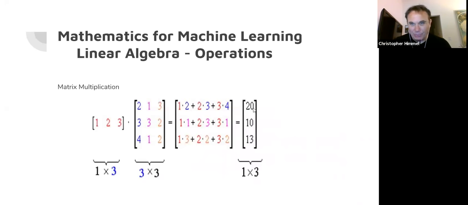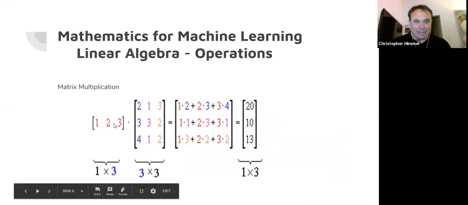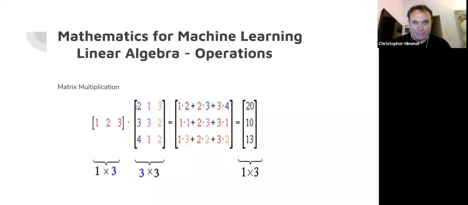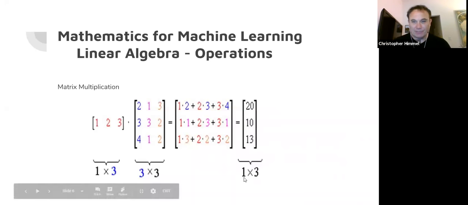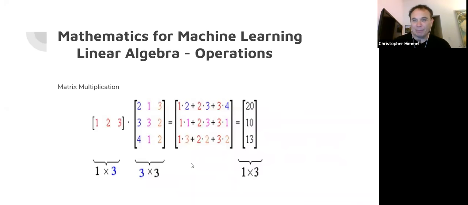Yeah, because it ends up being 20, and then 10, and then 13. Your second column, you take this one, you multiply by this one. So 1 times 1, 2 times 3, and then 3 times 1. You add that all up, you end up with 10. And then you take this and multiply by your last column, 1 times 3, 2 times 2, 3 times 2, and you end up with a 13. So it's actually a 1 by 3, but they didn't show a 1 by 3 here. So sorry about that. I picked a bad example here.